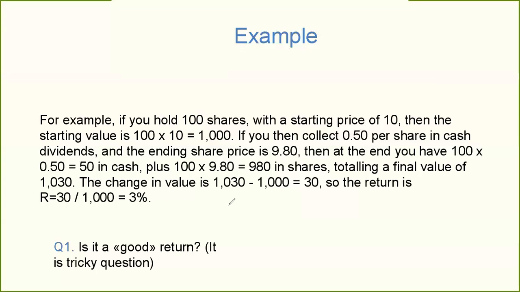Maybe I write this because it is more convenient. V0, what is our initial original investment? We bought 100 shares with a starting price 10, so it is 100 multiplied by 10, and this is 1000.